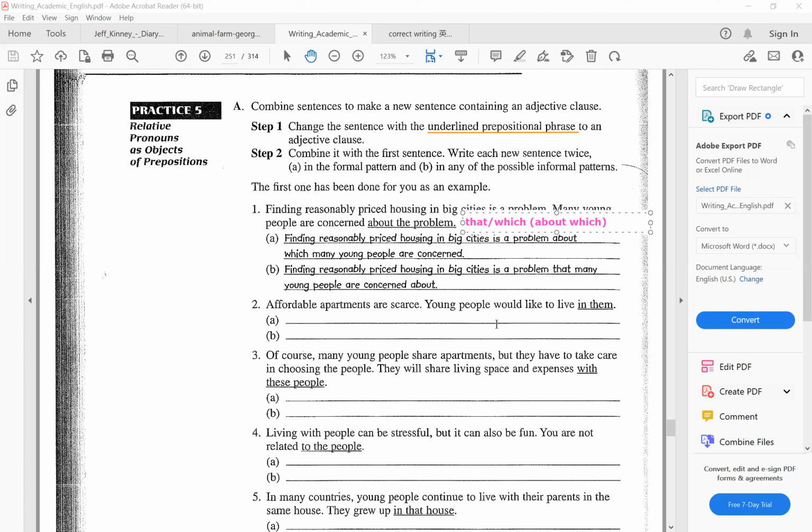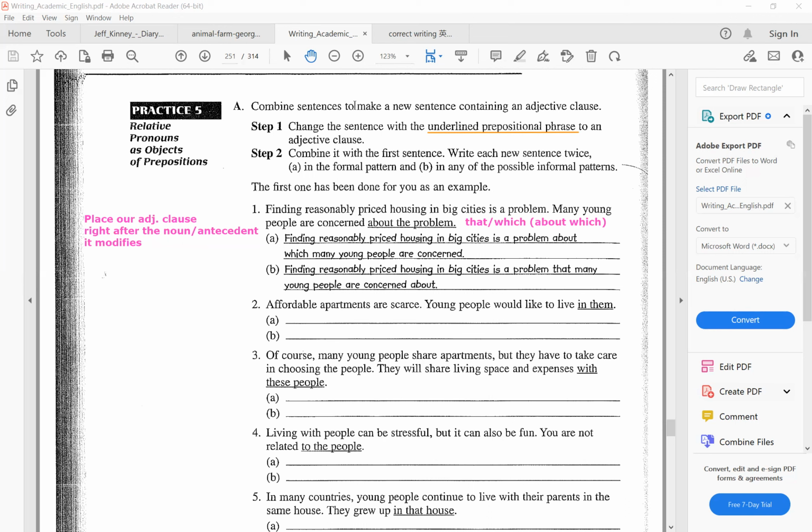Now, if you remember one very important thing, we want to place our adjective clause right after the noun or the antecedent it modifies. You cannot just place it anywhere in a sentence. That would create a misplaced modifier.